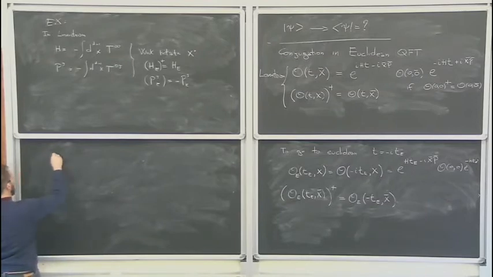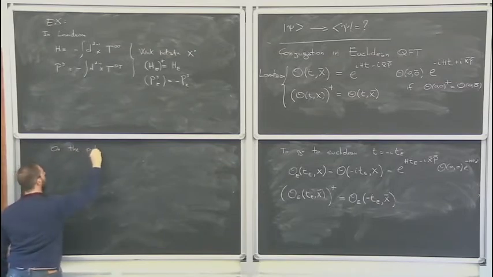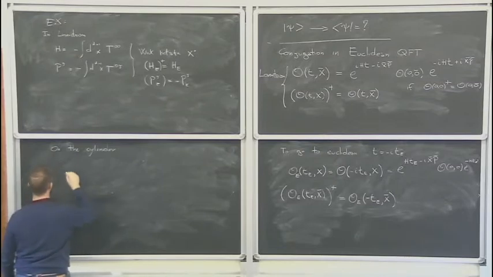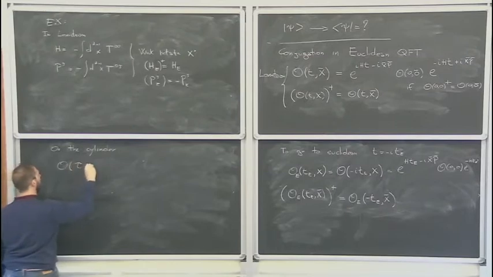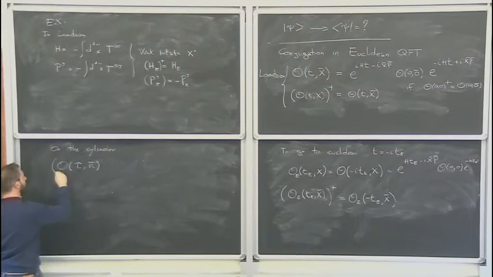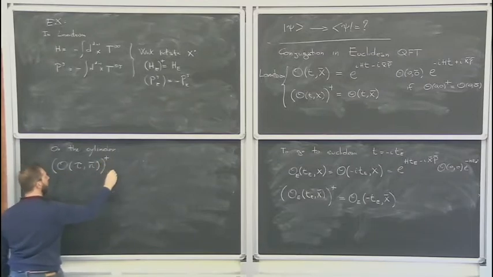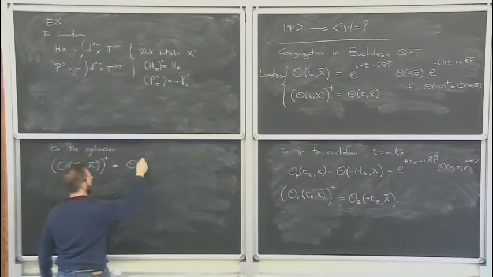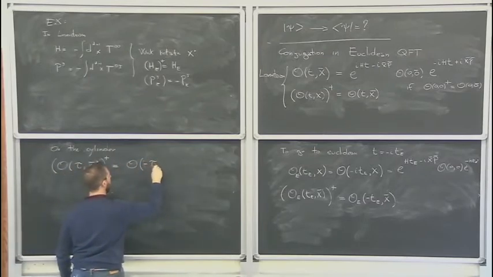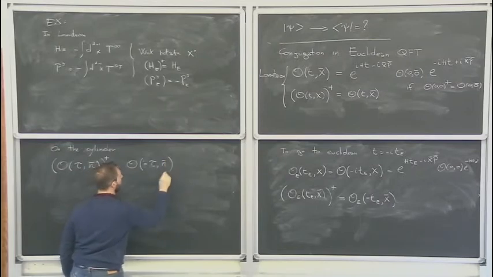On the cylinder, operators inserted at time tau and vector n, when you take the complex conjugation, become operators inserted at minus tau and same n. Okay.